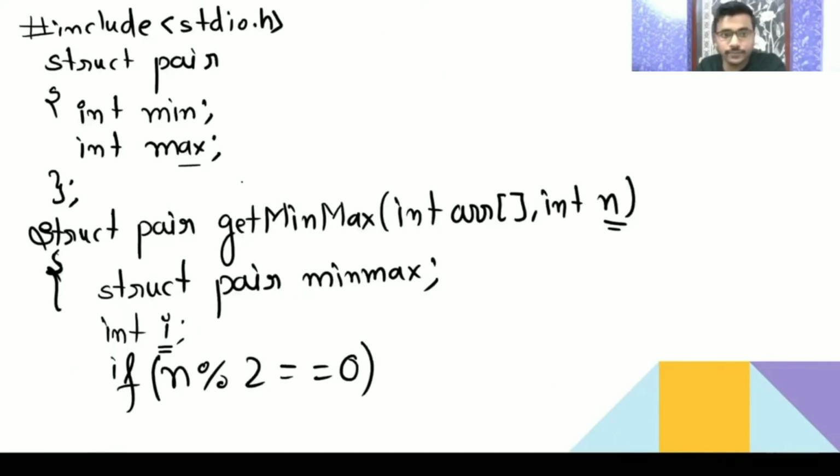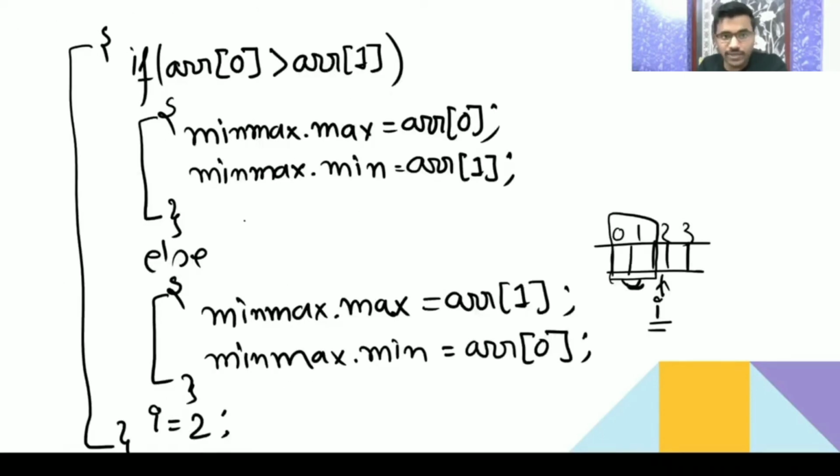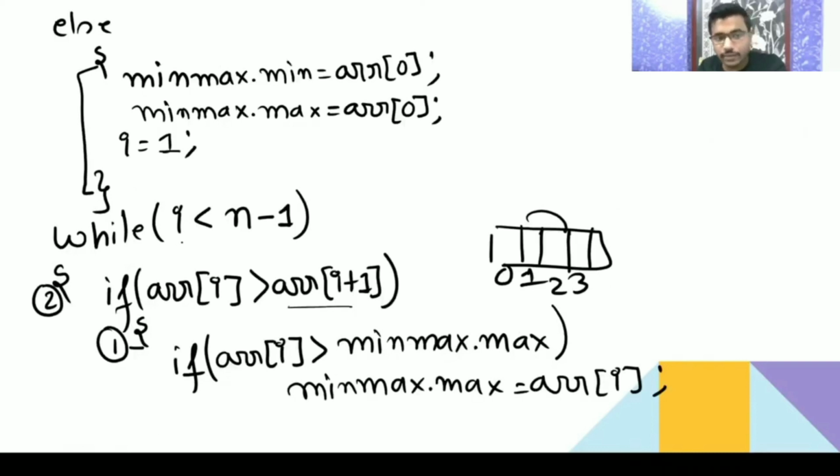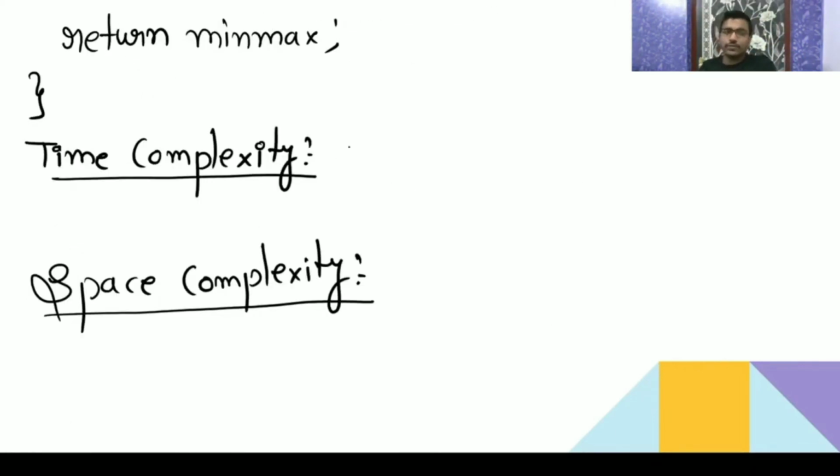See here, this will take constant time. Now comparison also takes constant time. Now the while loop is running till half the number of times. So it is going to be big O of n. Asymptotically, it is going to be big O of n.